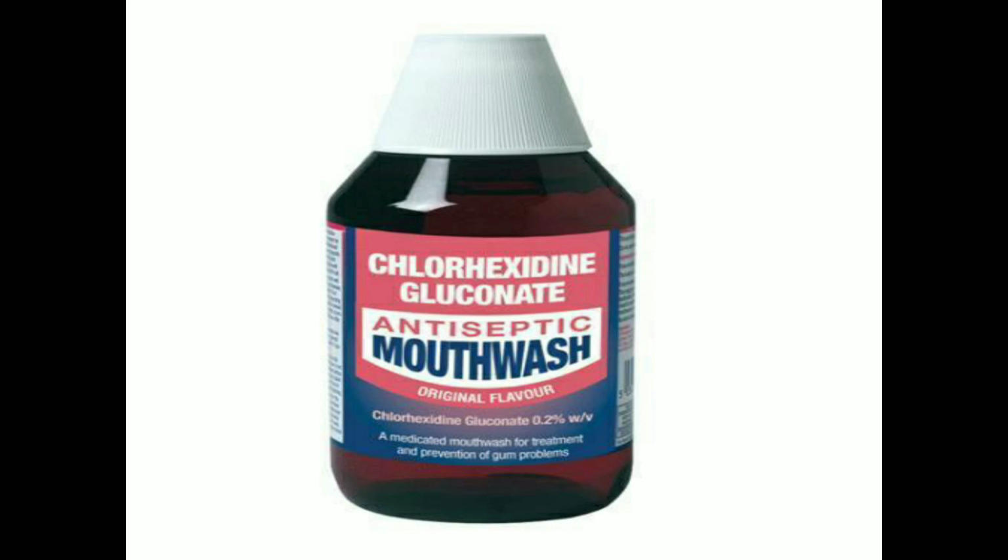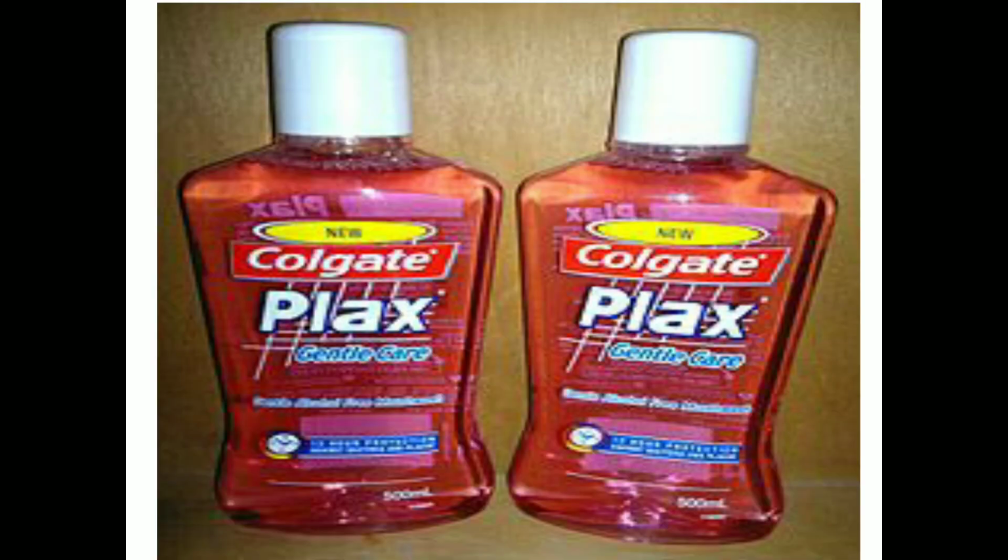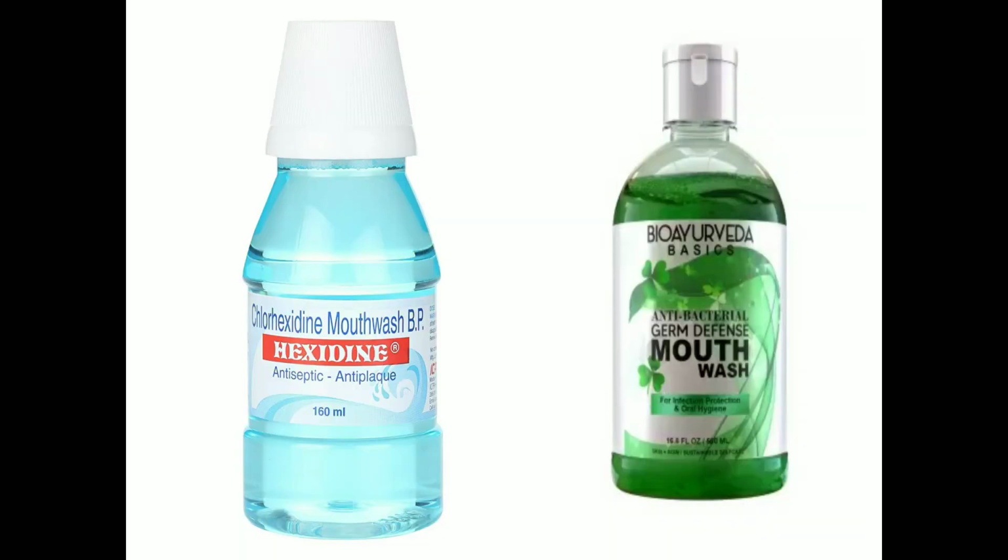This is most commonly used for treatment of mouth infections and gum problems. Next one, Colgate Plax. This is the Colgate product used for general care. Next one, chlorhexidine mouthwash. This has antiseptic and anti-plaque activity.